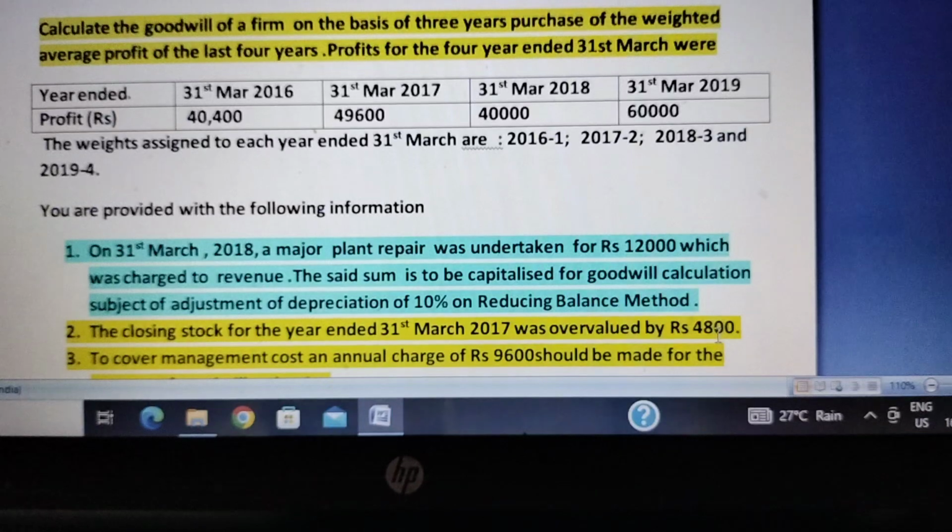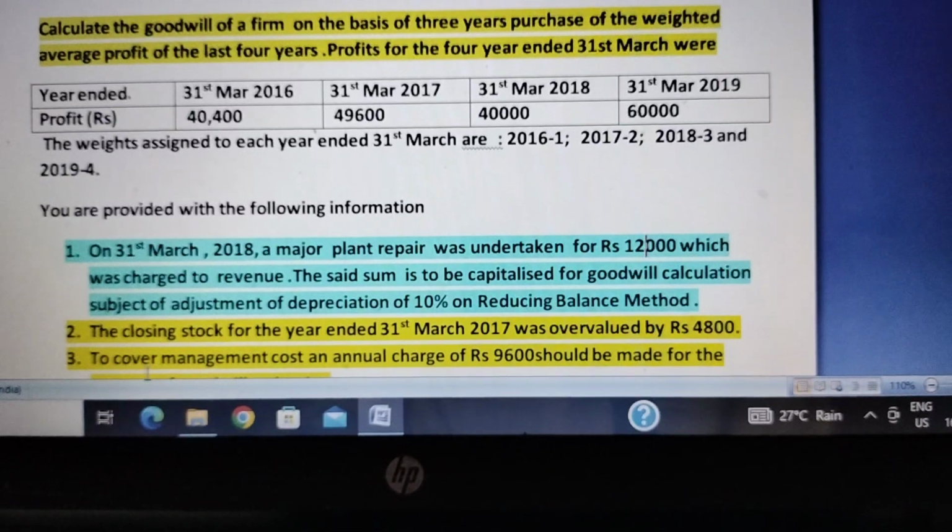So while adjusting, it should be deducted. But keep in mind that the overvaluation of closing stock also means overvaluation of the opening stock of the next year, because the closing stock will definitely affect the opening stock of the coming year. So the closing stock of 2017 means the opening stock of 2018 also.